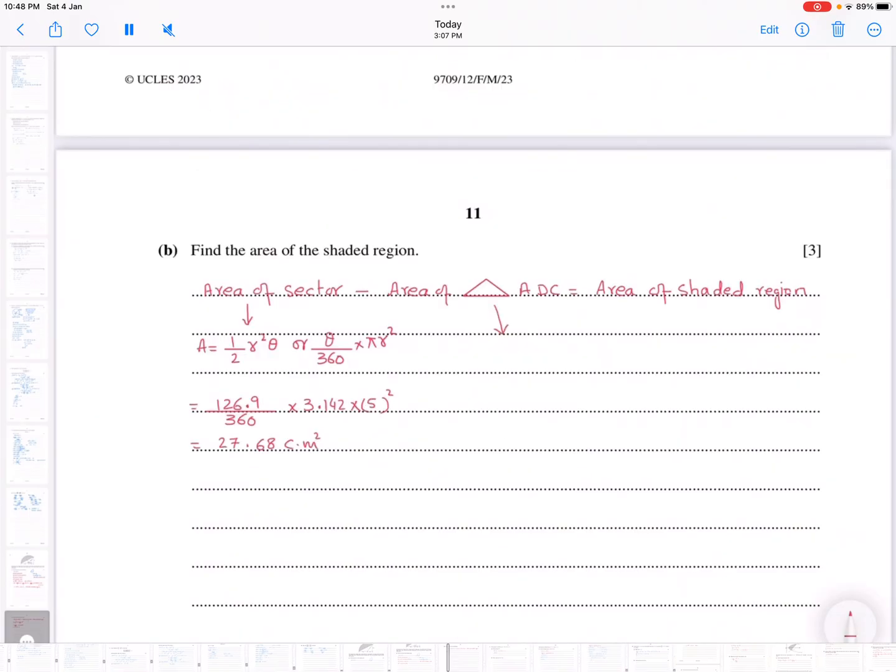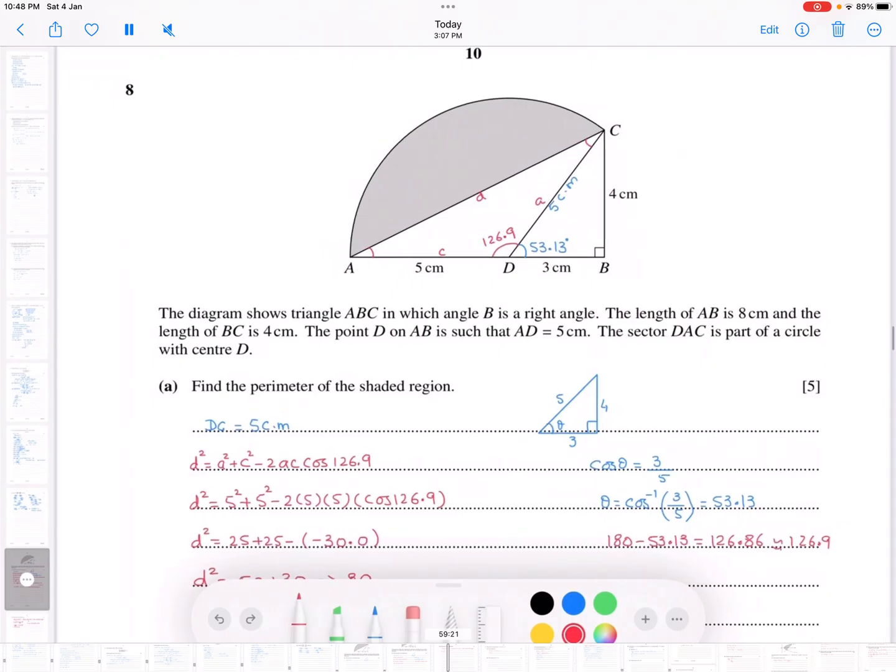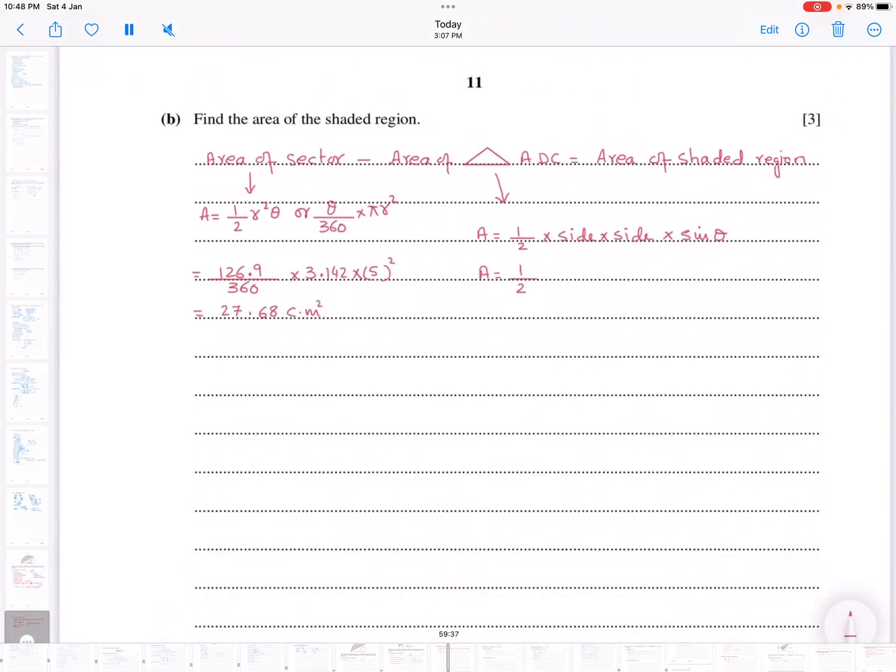And now area of triangle ADC, because it is an included angle triangle. To find the area of an included angle triangle, we always use 1 over 2 into side into side into sine of theta. So everything is with us. Sides are 5 into 5 and sine of 126.9.